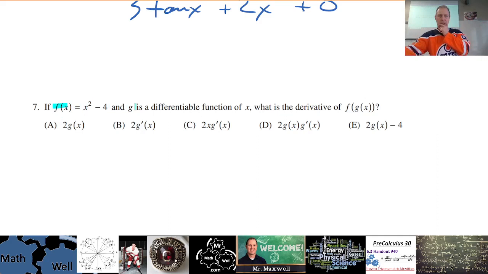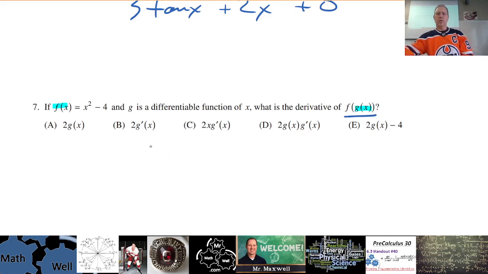So we've got a function. g is a differentiable function of x, and g is the inside function here. It's the inside function of f. Oh, that's interesting. So what's the derivative of f of g of x? Well, this looks like a chain rule, doesn't it?